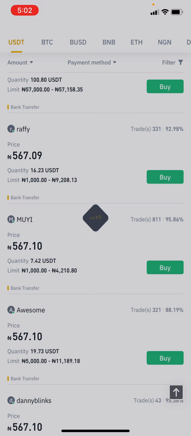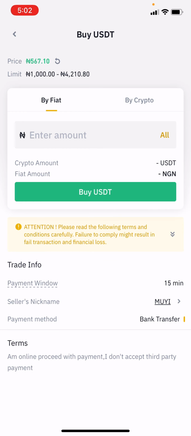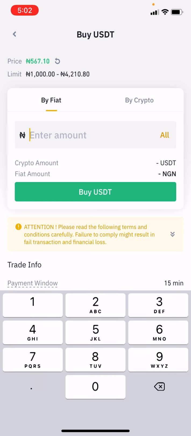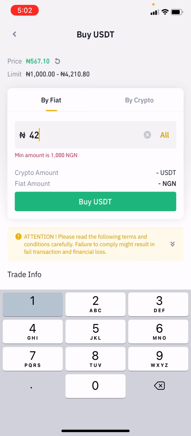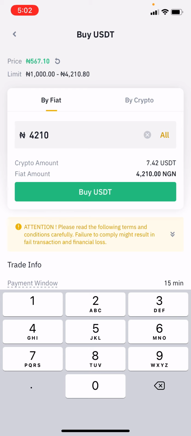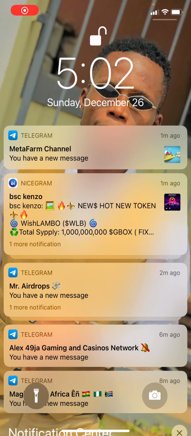You click on buy. So we are buying USDT right now. You type the amount you want to buy. So the amount is 4210. You click on buy USDT.